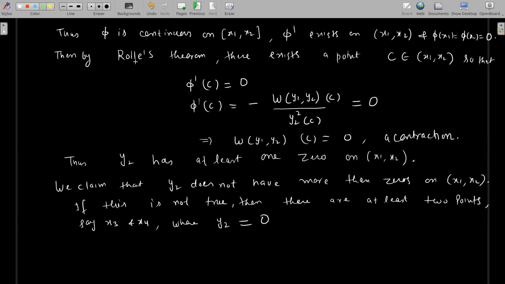So I am assuming that this is my x1, this is my x2, and I have two conjunctive points x3 and x4, and these two are zeros of y2.